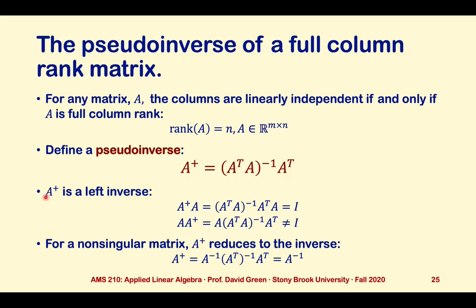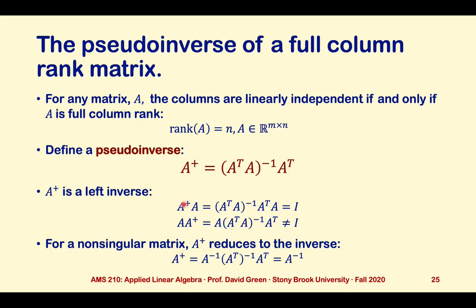First of all, we can note that this A plus, and this is the notation we use, A superscript plus, is a left inverse. A plus A is A transpose A all inverse multiplied by A transpose A. Well, obviously this is A transpose A multiplied by its inverse, which must give us the identity matrix.